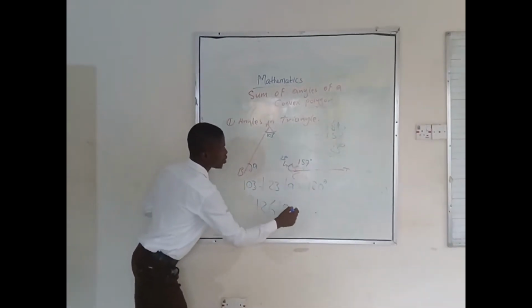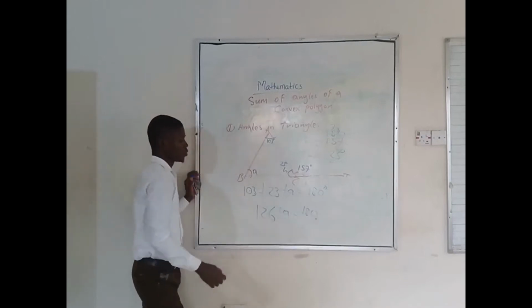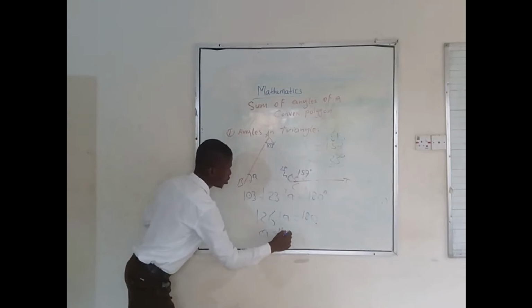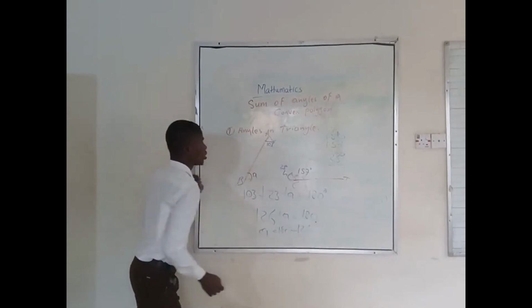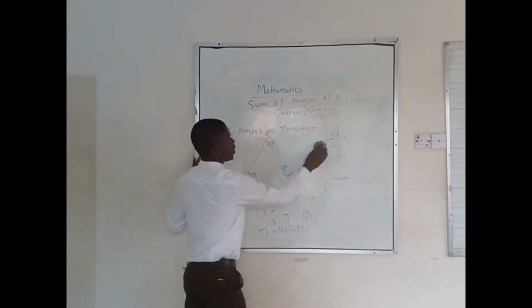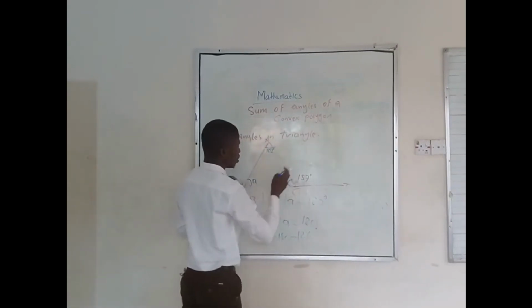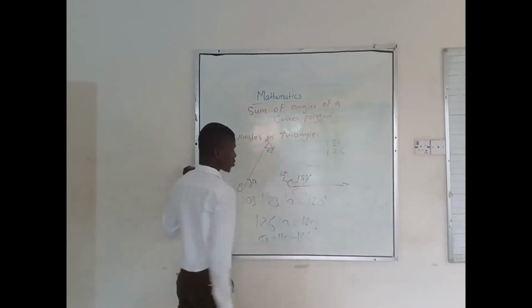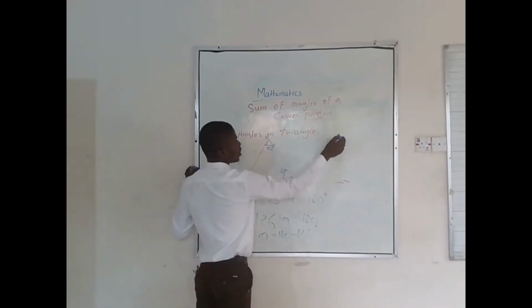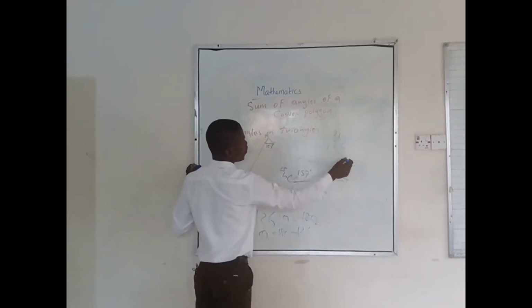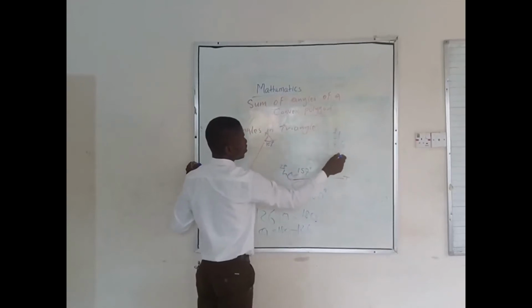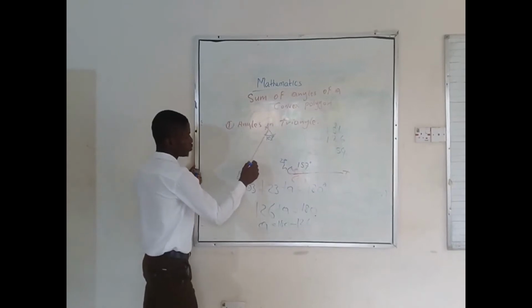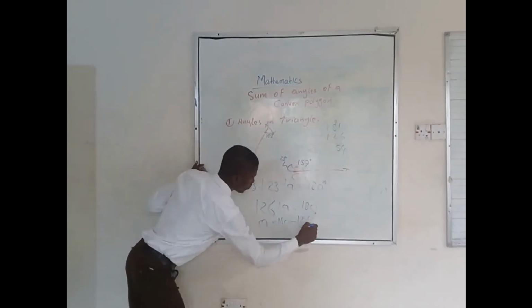Plus A equals 180. So A equals 180 minus 126. Borrow 1, 10 minus 6 gives 4, 7 minus 2 gives 5, that's 54. A equals 54.